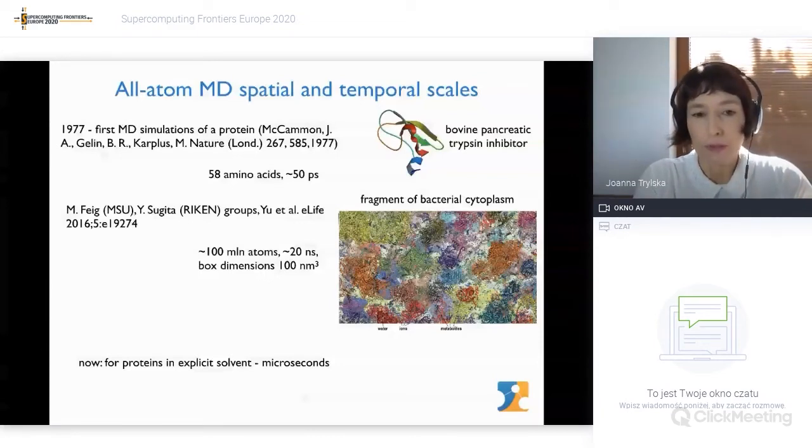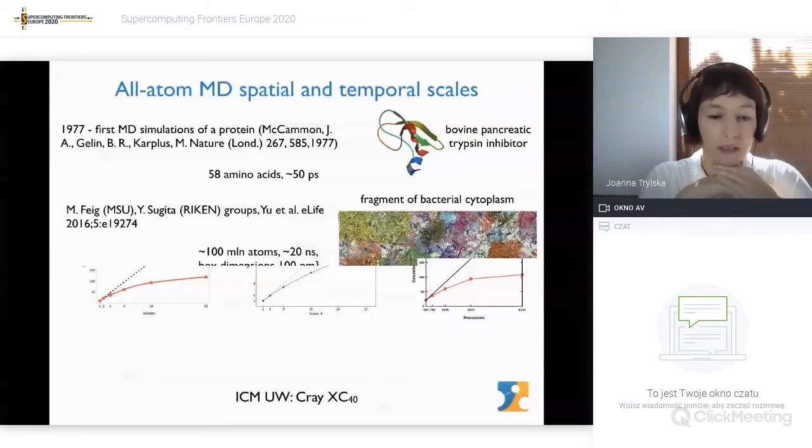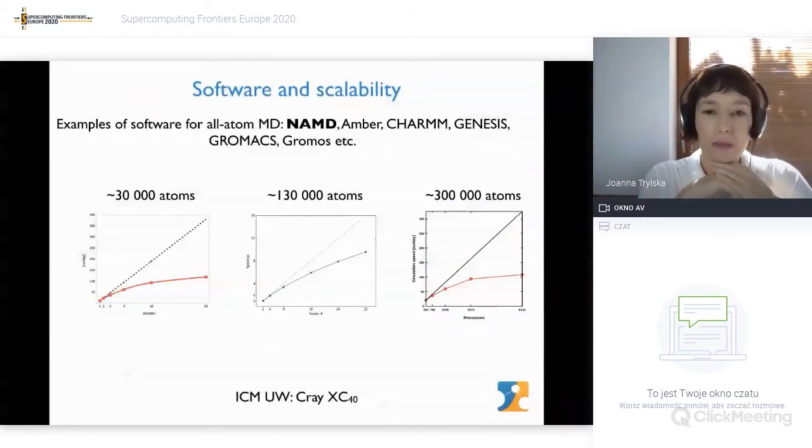We run on CPU clusters, but these MD techniques can be solved on GPU architectures as well. And depending on the system size, we go up to 500,000 atoms. We pick a certain number of nodes for our applications.